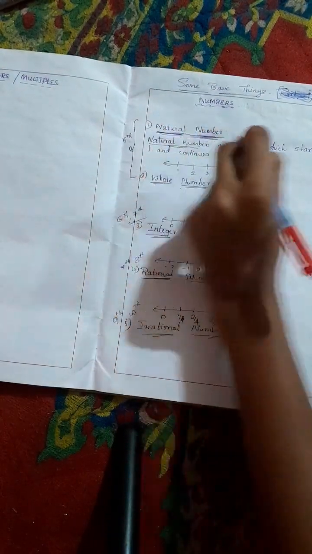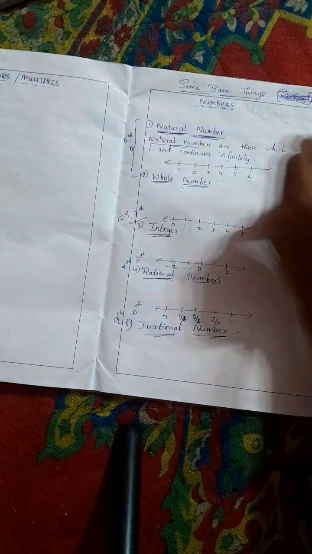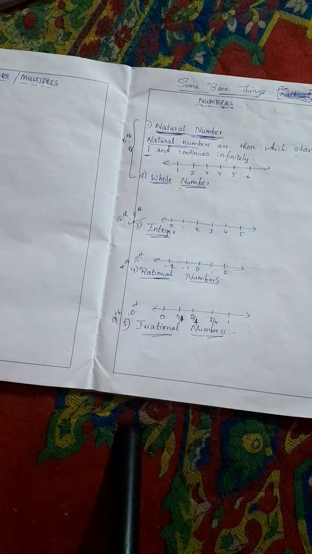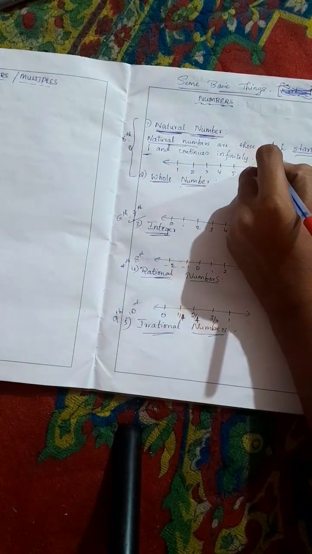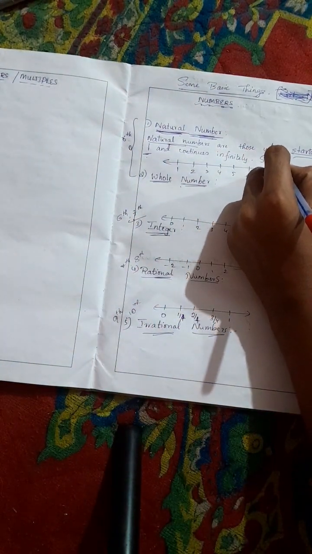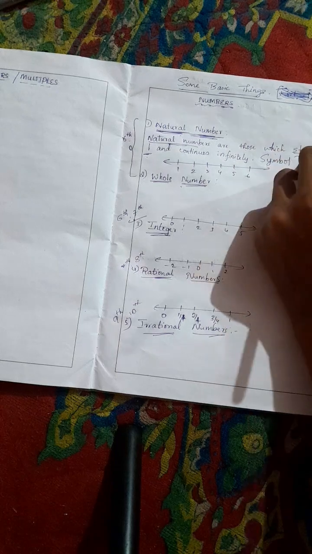Natural numbers start from 1. And the symbol is N. Natural number symbol is N.